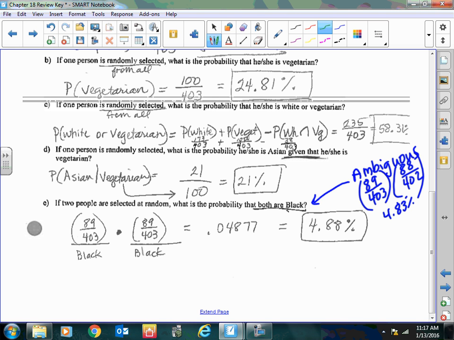So if that's the case, then you're really not replacing that person. This is the way it should have looked, where you took out the person and had now 88 out of 402. That's not what I have written there on your review, but in hindsight, I think this is probably more correct. Yes, ma'am.